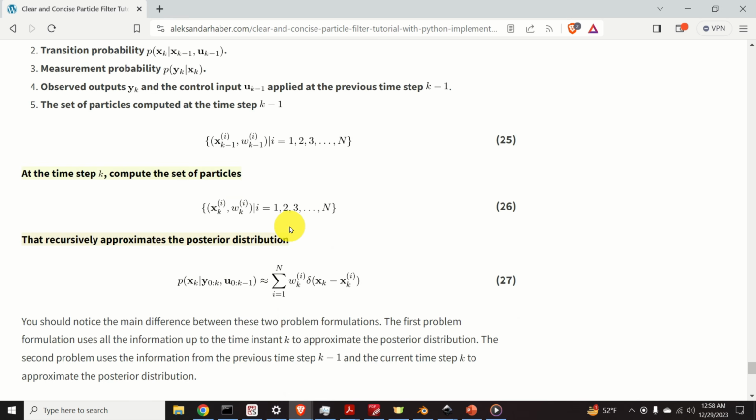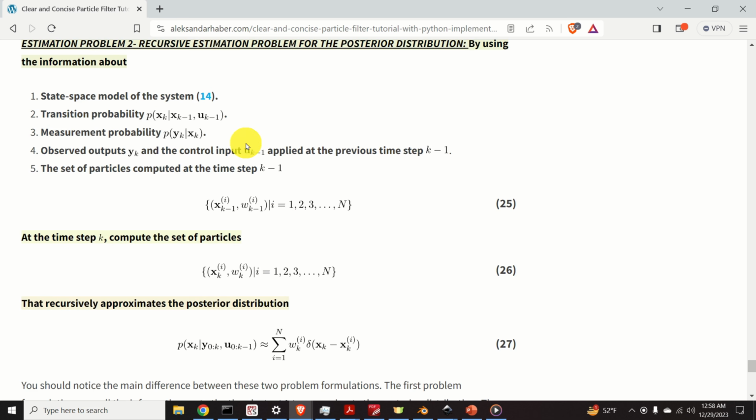And that's it. This is the main estimation problem for particle filters. We want to develop an algorithm that will update the set of samples and weights to compute a new set of samples and weights.